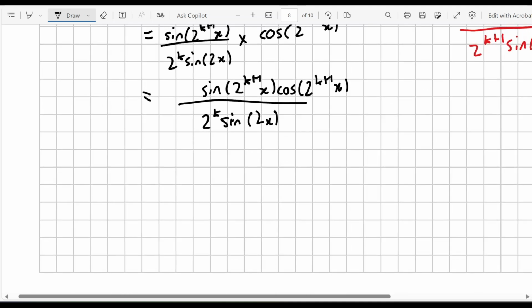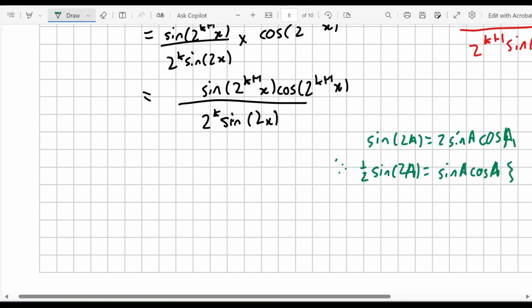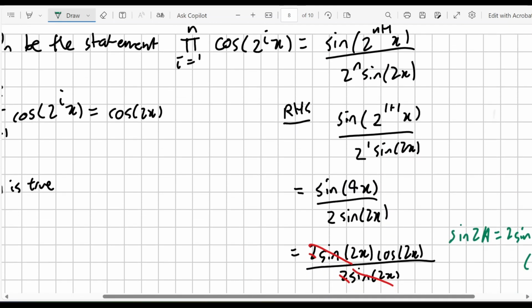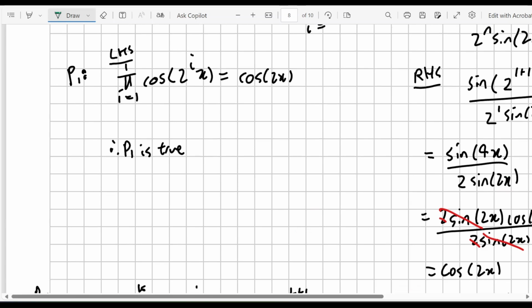Now the identity that we will want to use is the same identity as before, where sine of 2a is 2 sine of a cos a. But we're going to use a rearranged version: half sine of 2a gives us sine of a cos a. We're going to use that on the top, and in particular a is going to be 2^(k+1) x.